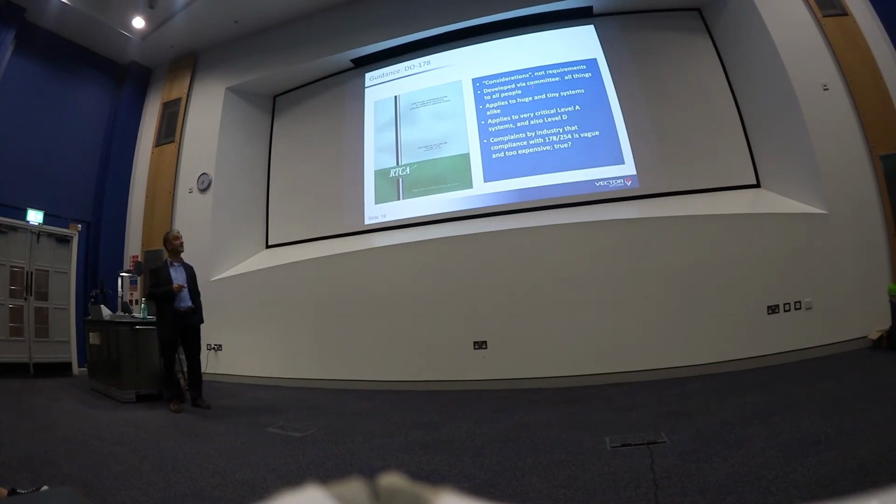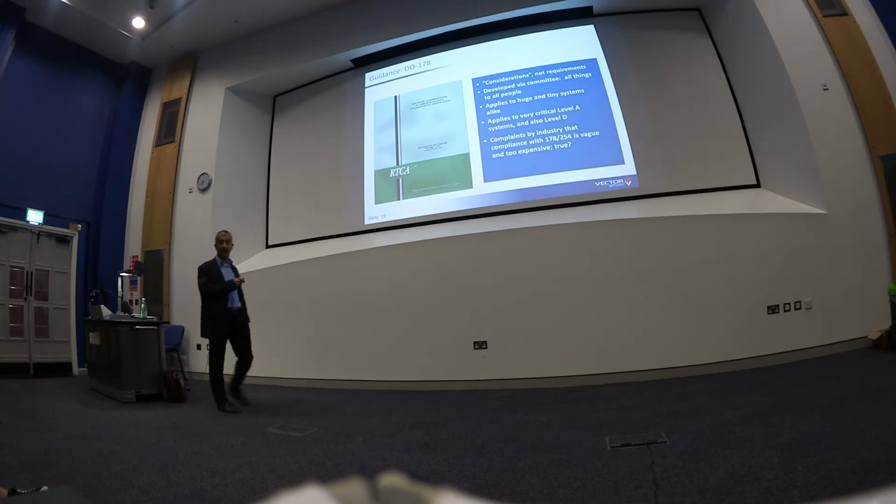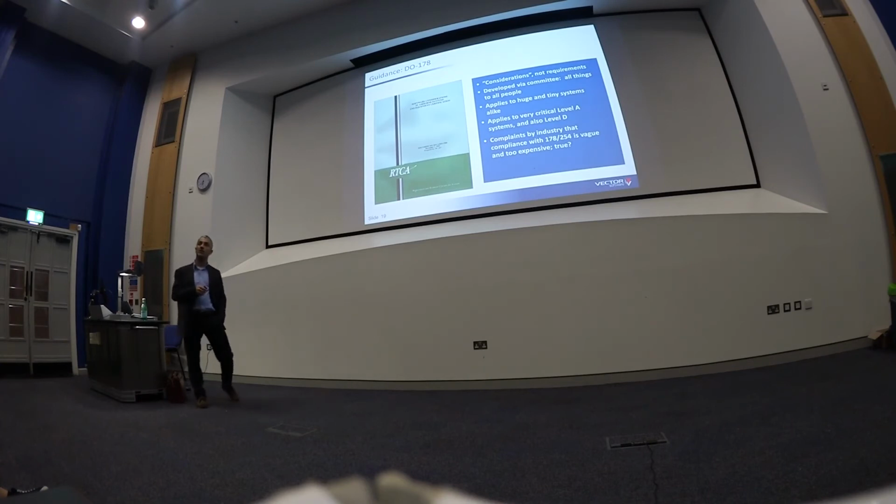So the idea is not to give exact requirements, in order to avoid any kind of legal action against the owners and writers of this standard. This is why the RTCA, a group of mixed authorities, aviation authorities and companies, has lost no suits in tribunal. So they are considerations and not requirements.